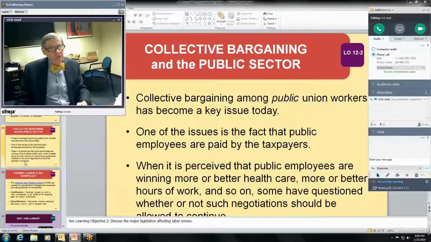And that's kind of the way the text has printed. Now, I know you're going to say you sound like you're pro-union. I'm not pro-union. I've never joined a union in my life. I've never been a union member, and unions have never done anything either for me or against me. I just don't think the text is necessarily being entirely fair when it takes one side of the argument as opposed to the other.